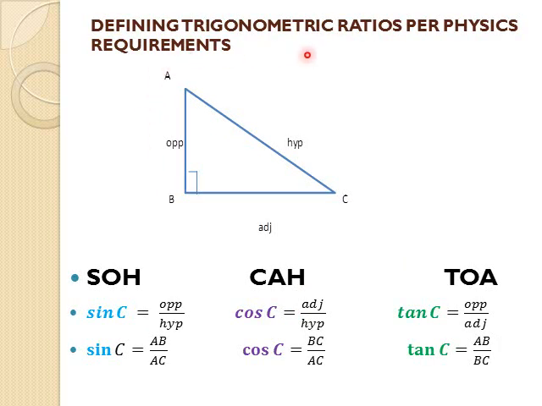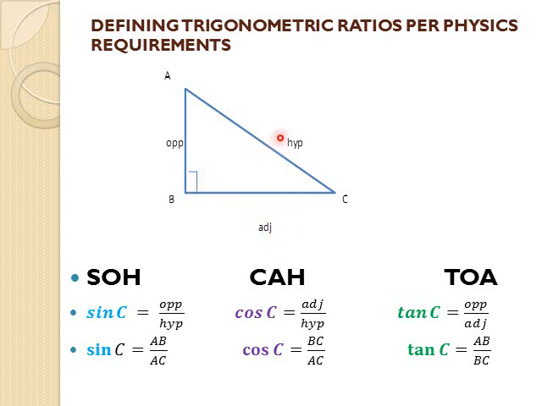Now according to the ratios per physics requirements, we're going to work according to, if I work from C, the side that's opposite the angle C is always called the opposite side. The side that's next to C, BC there, is called the adjacent side.